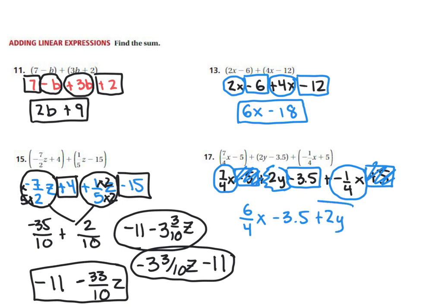So even though that looked really messy, when you break this down, it's not crazy. We have 6/4 x minus 3.5 plus 2y. And then if you simplified the fraction, 3/2 x minus 3.5 plus 2y.